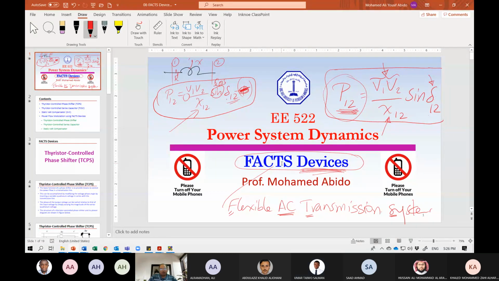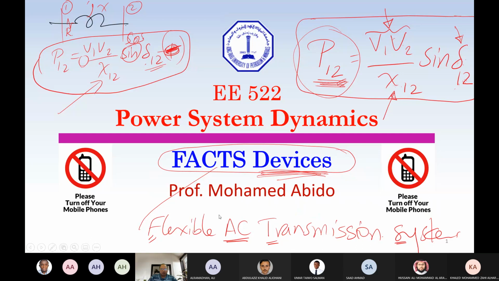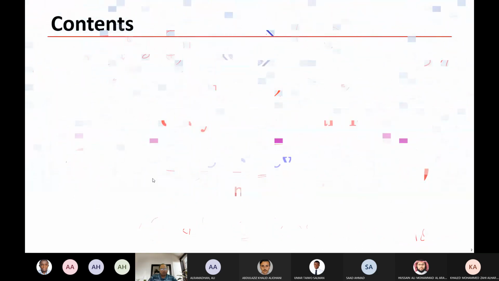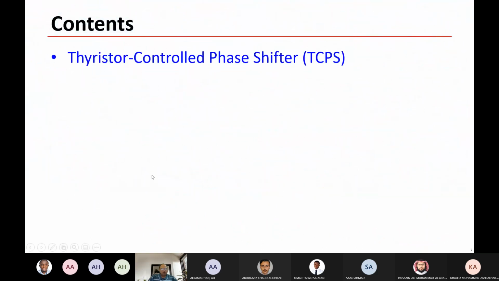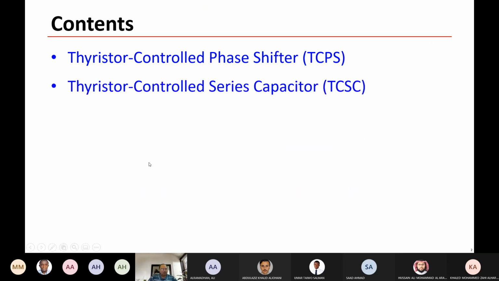Right. So let us see what we have. Okay, let us put it in presentation mode. We will see three types of FACTS devices, and each type will play with a certain factor that we have just discussed.